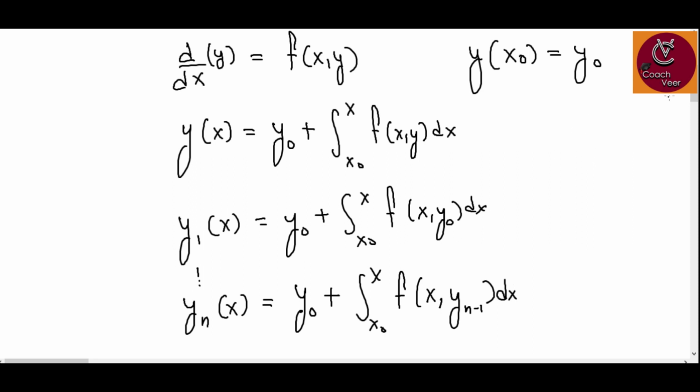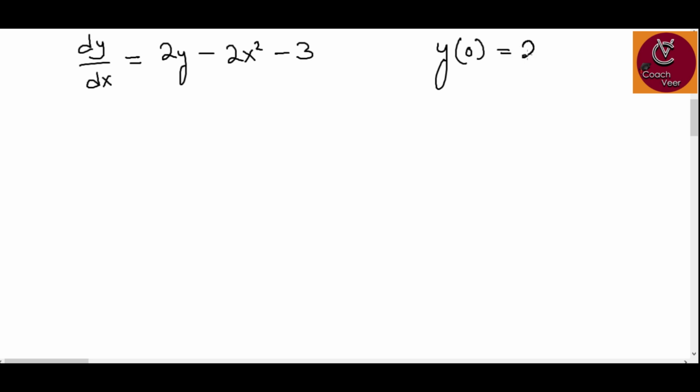Let's try one example so that we'll be more clear about this. Suppose we have the differential equation dy by dx equals 2y minus 2x squared minus 3, and suppose the initial condition is y at x equals 0 gives output 2. How are we going to solve this?